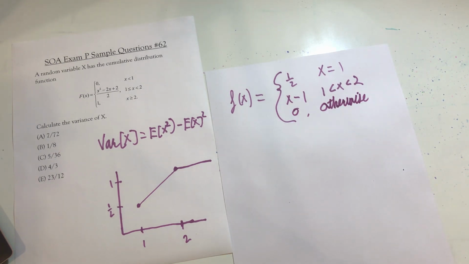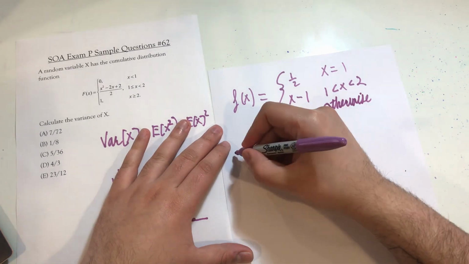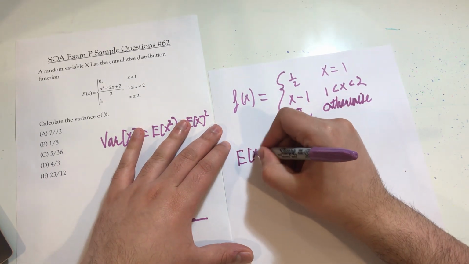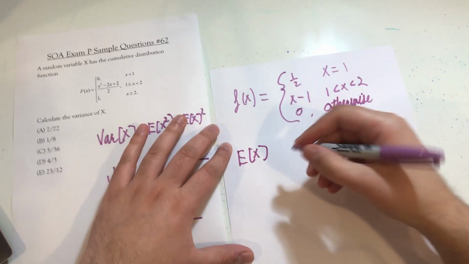How do we use it to actually calculate expected values? So let's do that. The expected value of x using our PDF will be the following.